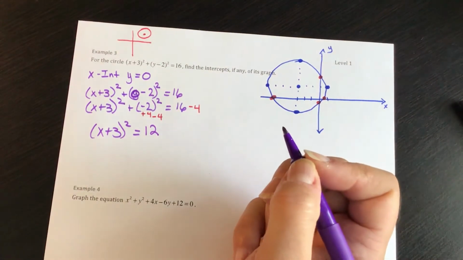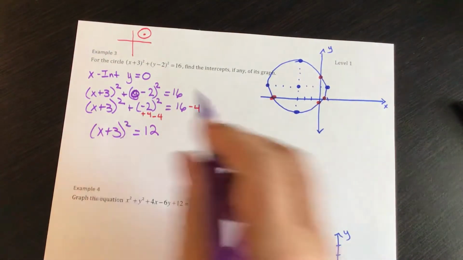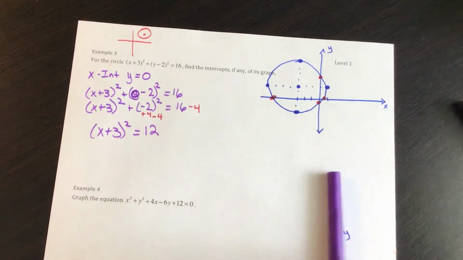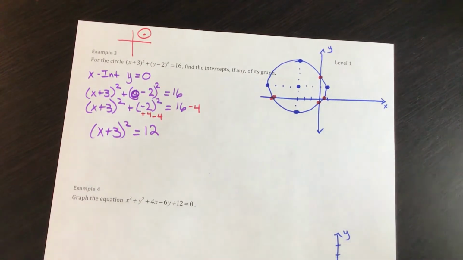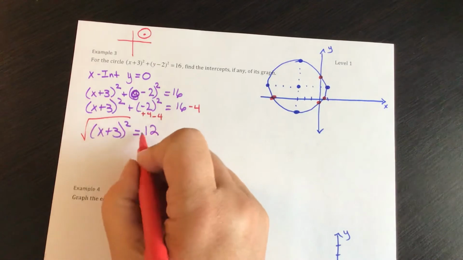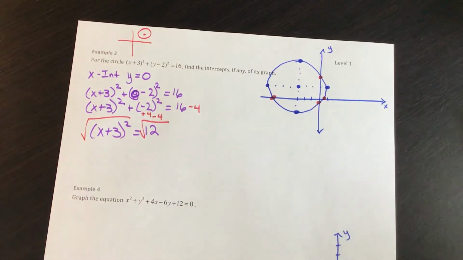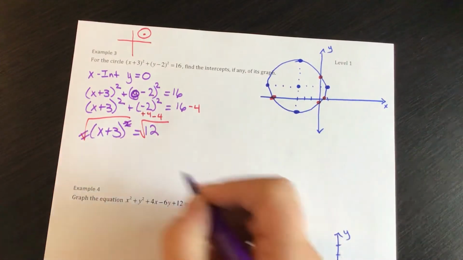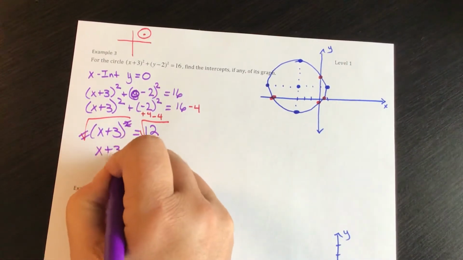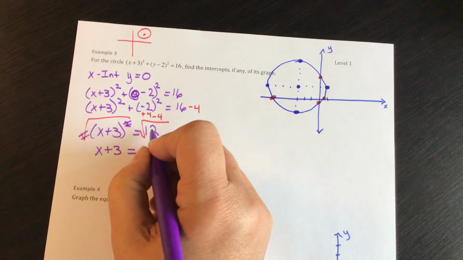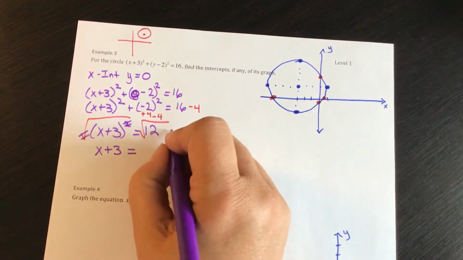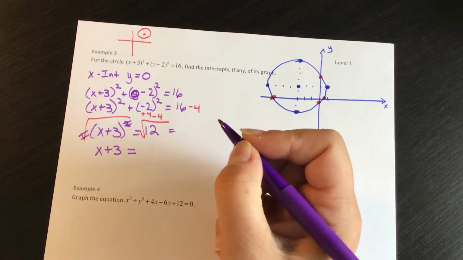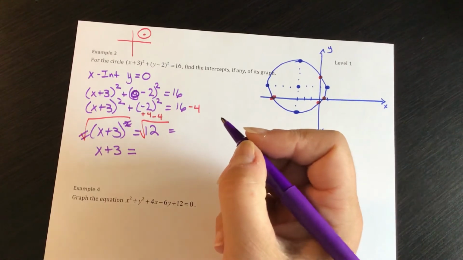Still solving for x, I want to undo the square. So I'm going to do the square root of both sides. Square root this side, square root this side. So the square root and the square cancel. So I have x plus 3 equals the square root of 12. And that doesn't give me a nice, pretty answer.